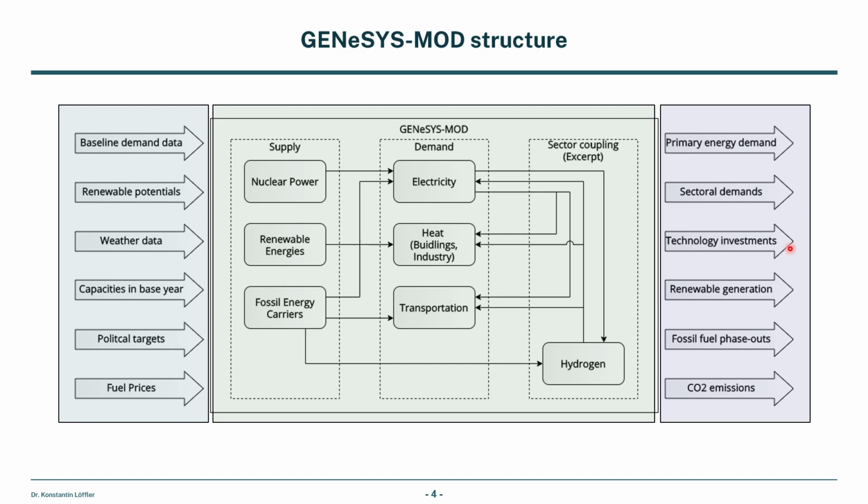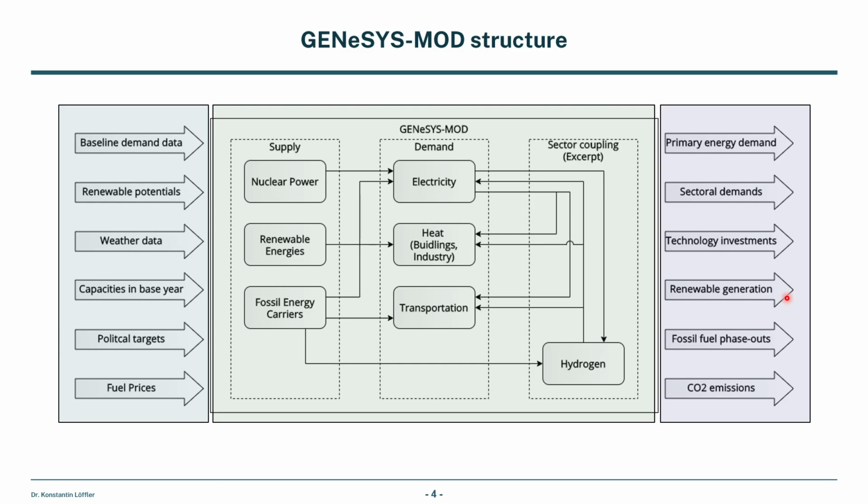We will get the time series of technology investments, so essentially the capacity expansion plans that the model deems cost optimal. We get the renewable generation mix and in general the energy mix, essentially the energy dispatch for our time frame.